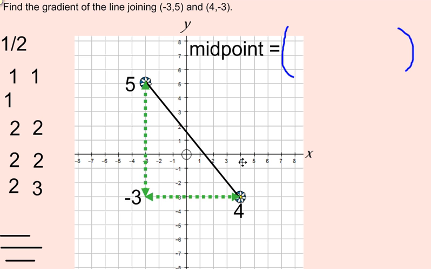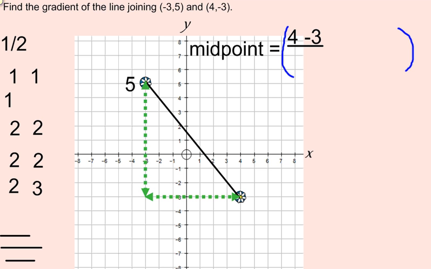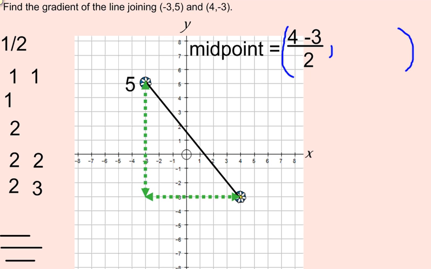Now the x's that I've got to do are 4 and -3. So I get my 4 and my -3, and then what I have to do is divide by 2. Now I have to get my y's and add them together and divide by 2.